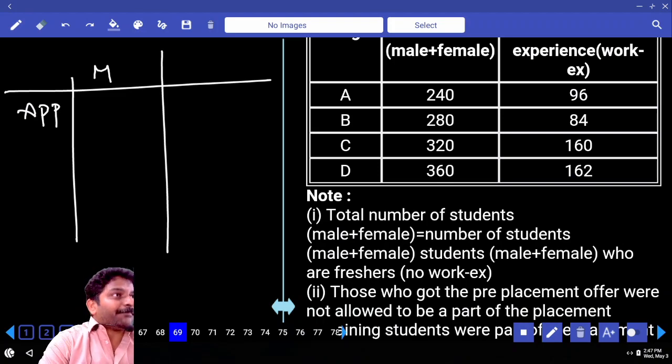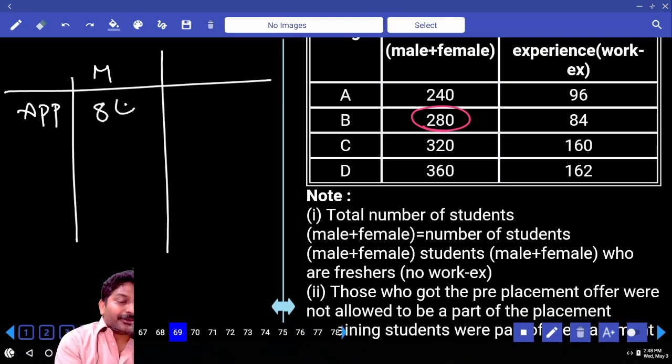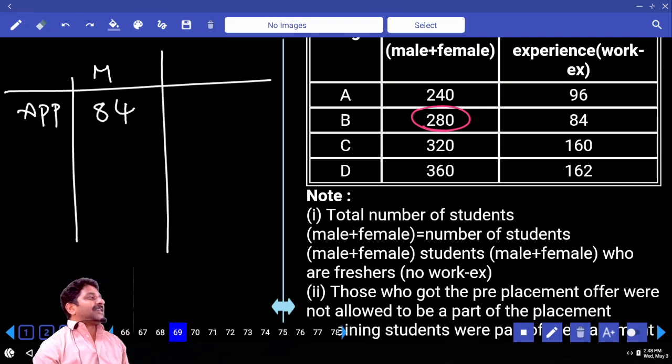Out of them 30% appeared, 84 appeared. Who can appear? Those who did not get a job. Who will apply for the entry? Will those who got a job do it? No. So that means these 84 people do not have any job in hand. Right? Continue.